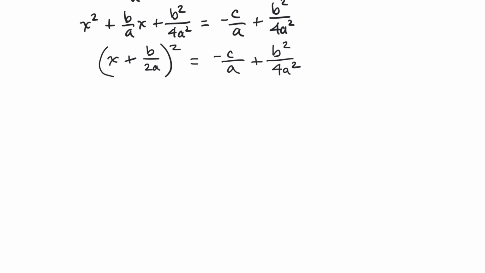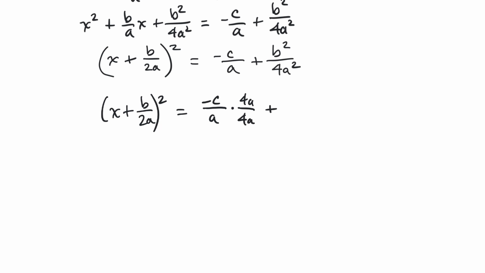Or actually, you know what? Let's combine what's over here first. We get a common denominator and combine that. Okay, so this will be still x plus b over 2a squared. And then the right-hand side, to get a common denominator, we need to multiply this one by 4a over 4a.